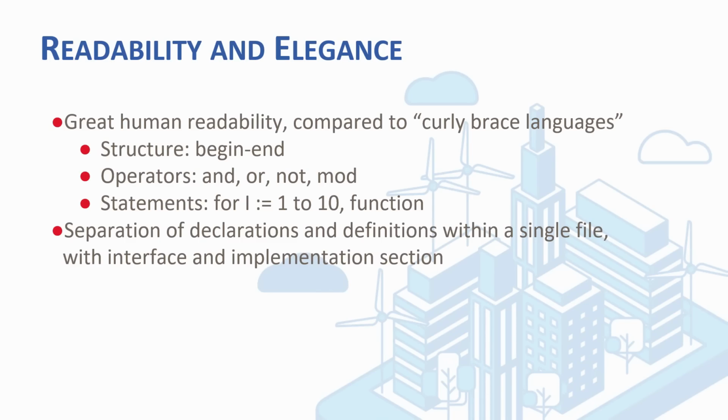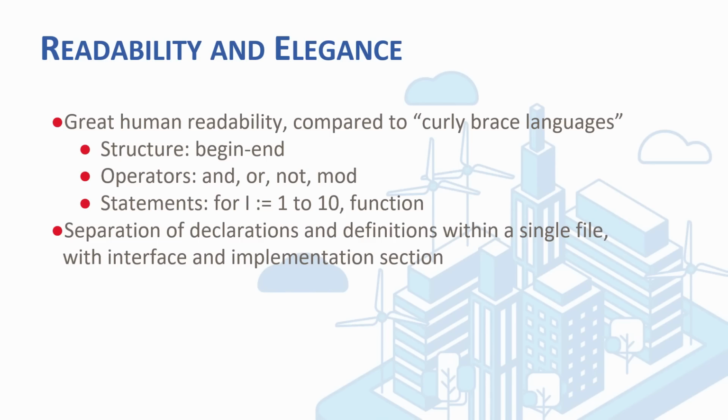Now, there is another thing that's part of the readability that's more related with the code structure, and we'll get to it in a second, and it is the way that code is written within a single file. There are languages that are really strict in that everything you declare you have to immediately implement. There are other languages that are extremely loose, like C or C++.